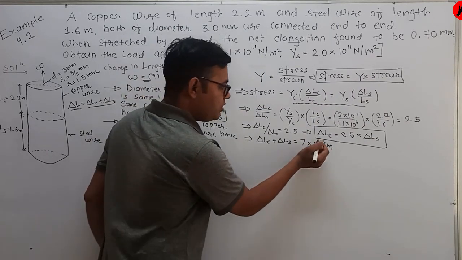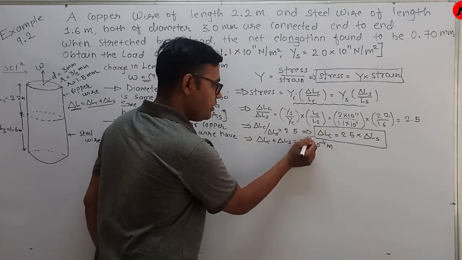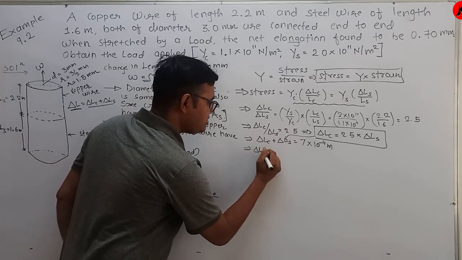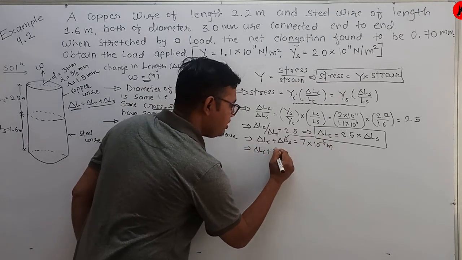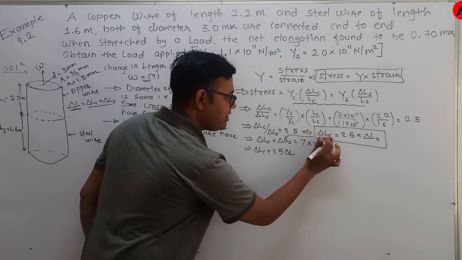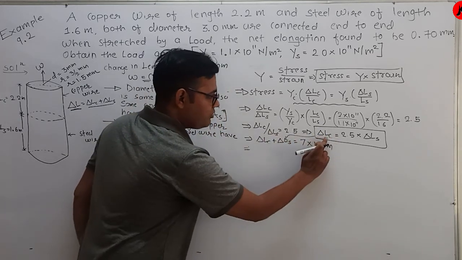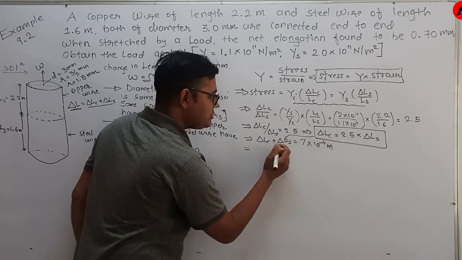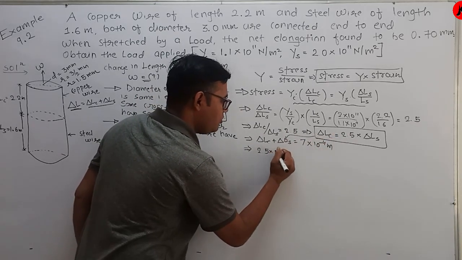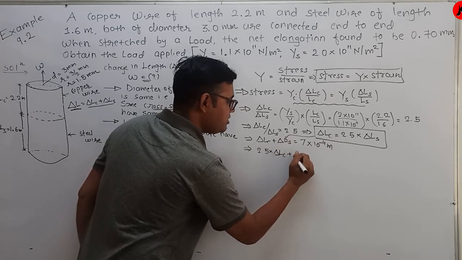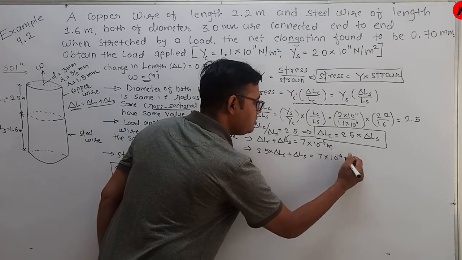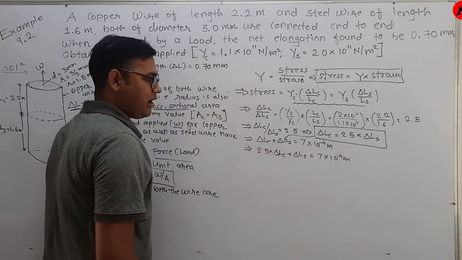So here put the value of delta LC over here, right? Delta LC plus delta LS, with delta LC equal to 2.5 into delta LS, plus delta LS, is equal to 7 into 10 raised to minus 4, right?